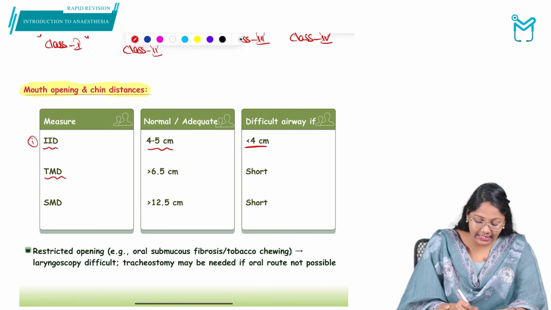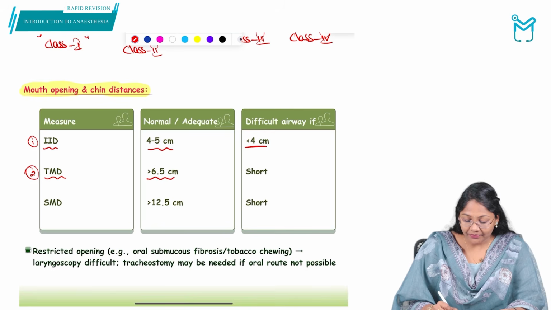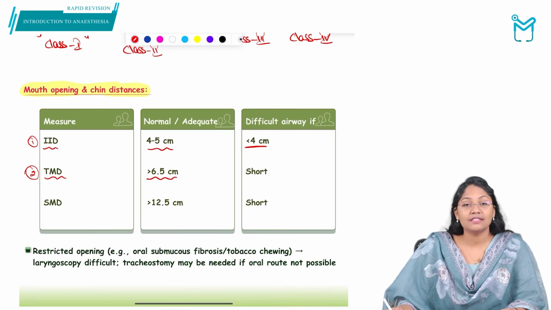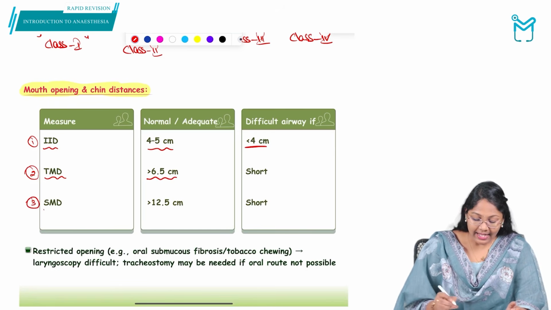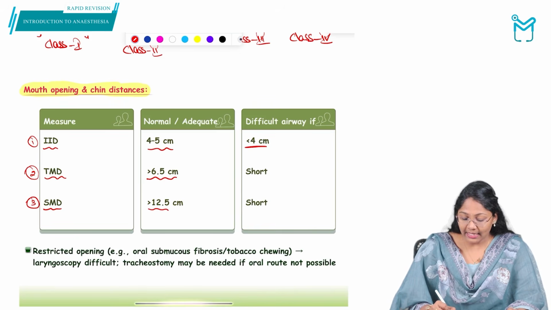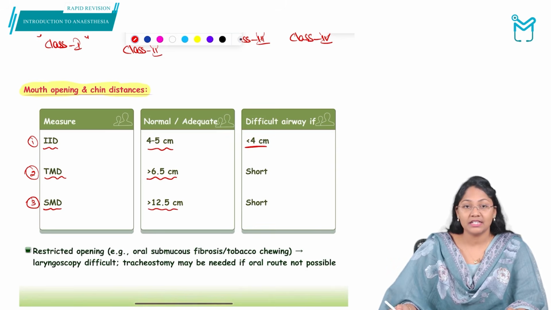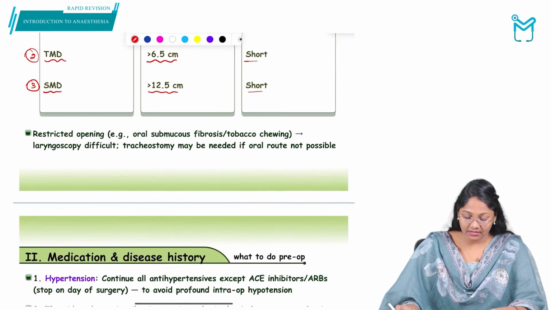Coming to the second one, that is thyromental distance. The normal is more than 6.5 centimeter, but if it is less than that, it is difficult for intubation. As well as the sternum and mentum distance, the normal is more than 12.5 centimeter. If it is less than that, it is very difficult for intubation process.